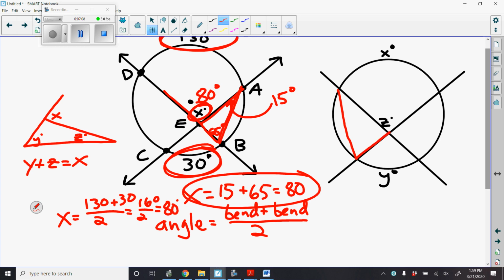I know that this angle right here is an inscribed angle, and its value has to be whatever x is divided by 2.